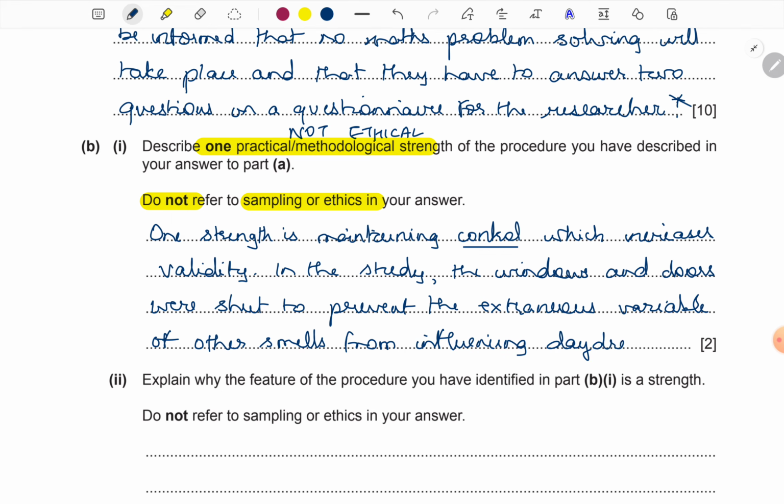I could have written influencing the DV, but I'll always try to be as explicit and specific as possible rather than being generic.